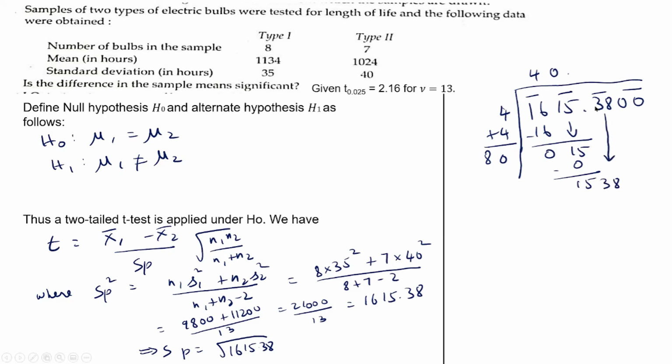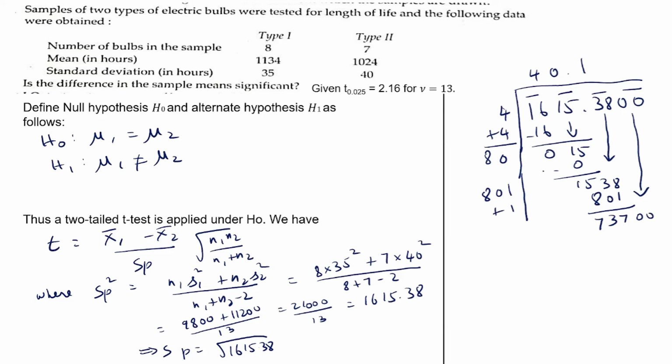Since there is a decimal point here, we can keep a decimal point here as well. And then next we have 80. It is 801. 737. Now let us bring the next pair of digits, 0, 0.